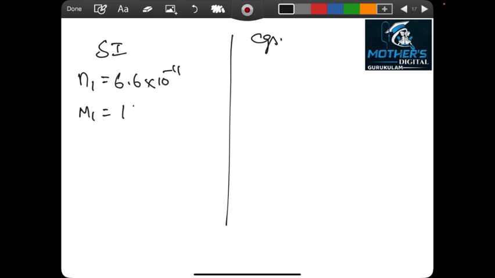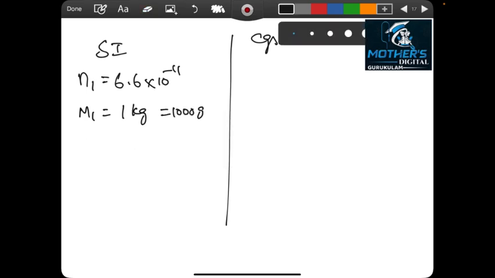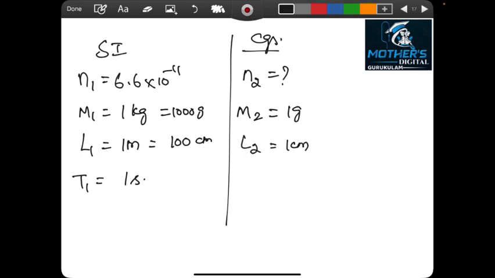M1 will be 1 kilogram, which can be written as 1000 gram. L1 is 1 meter, which is equal to 100 centimeter. T1 equals 1 second. For CGS unit, N2 we are going to find out. M2 will be 1 gram, L2 will be 1 centimeter and T2 will be 1 second.